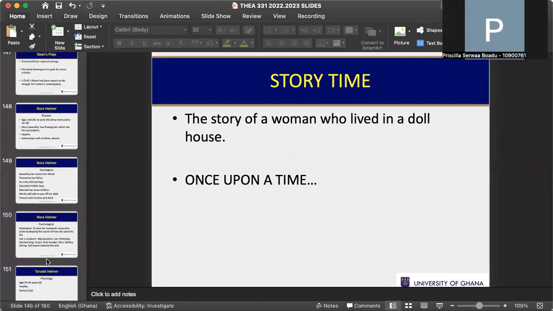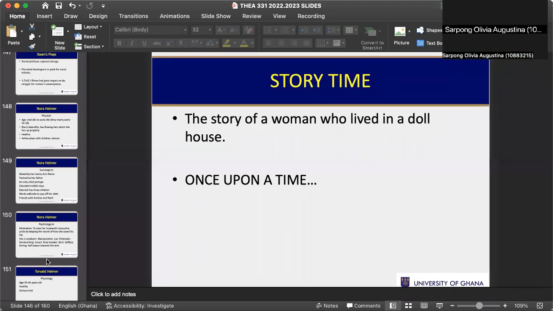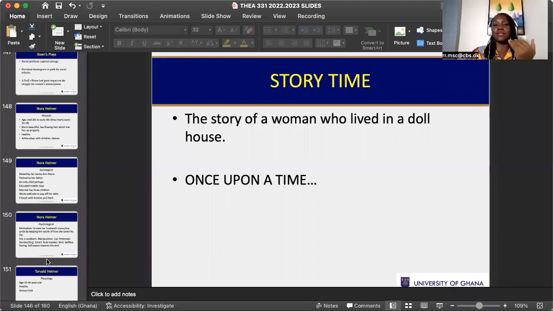Thanks be to God. It is a very long story because it's a full-length play. And you see how, from our discussion last week about plot, they build upon each other.